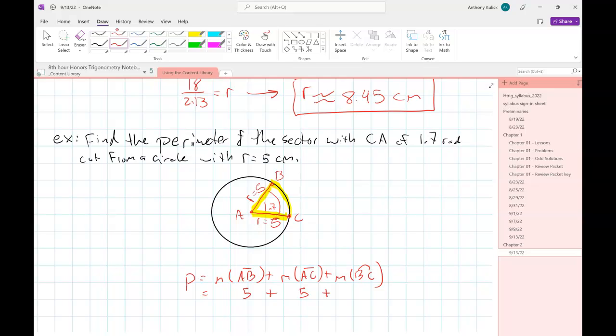How do I find the length of BC? How about, it's the arc of an intercepted angle, right? Just the arc length formula. S is equal to r times theta, since we're in radians.